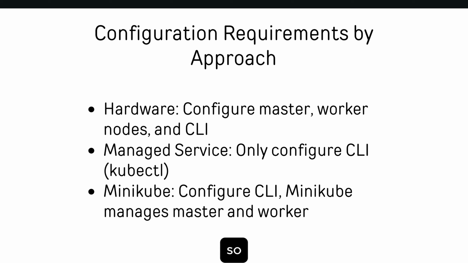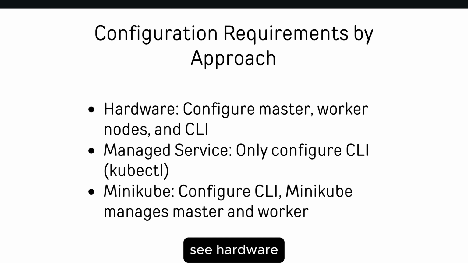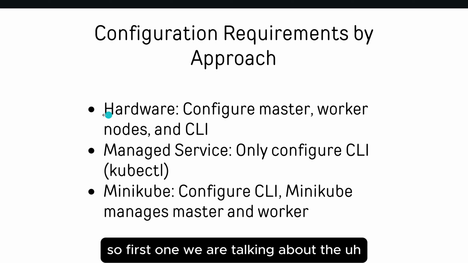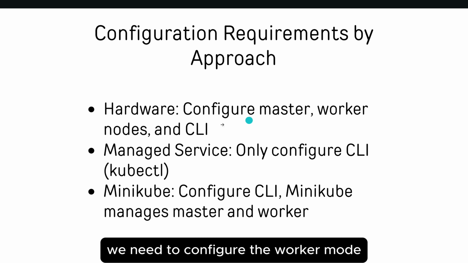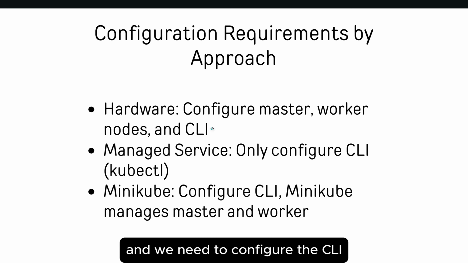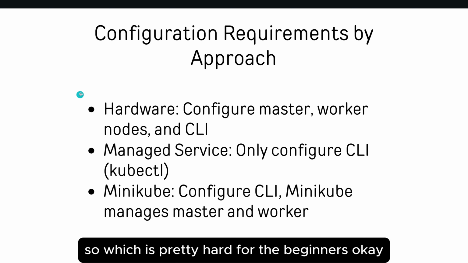Okay. So the configurations that are required by each approach. First, the manual installation: we need to configure the master, we need to configure the worker node, we need to configure the CLI, and we need to configure each component. Which is pretty hard for beginners.